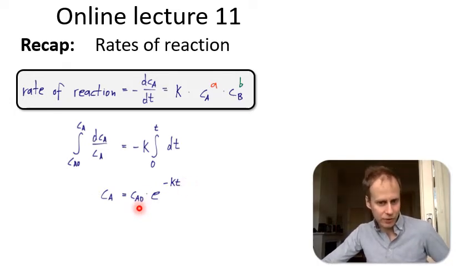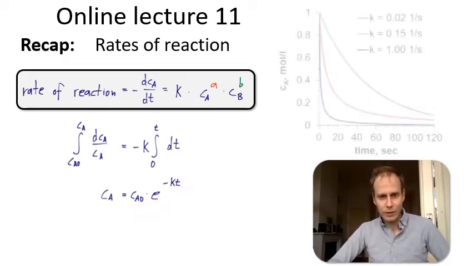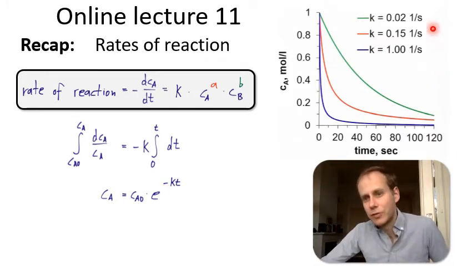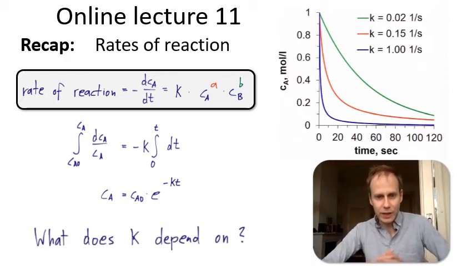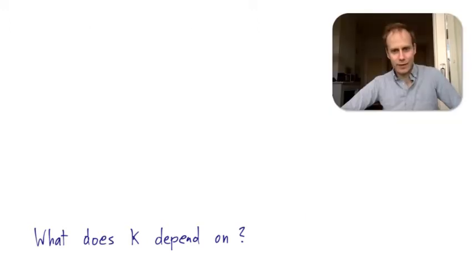So we have a starting concentration, [A]0, and then it decays exponentially with this expression. So we then showed that the k value, the rate constant, its magnitude determines how fast this exponential decay of the concentration of reactant A is. And today I would like to ask the question what this k actually depends on.